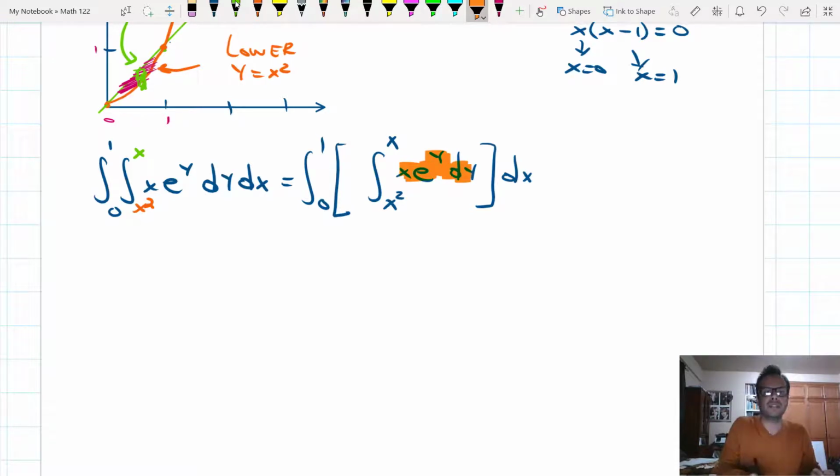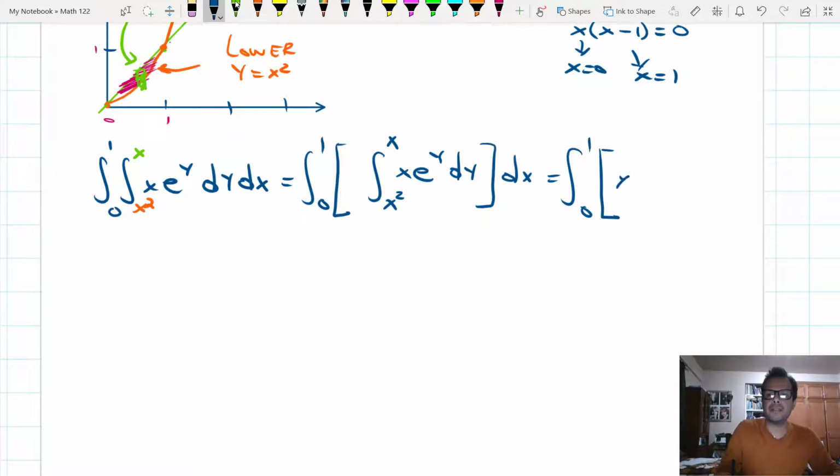So I'm going to write outside of the integral all the factors that do not have a y, in this case just the x. So the integral from 0 to 1, not x e to the y, rather x times the integral from x squared to x of e to the y dy.